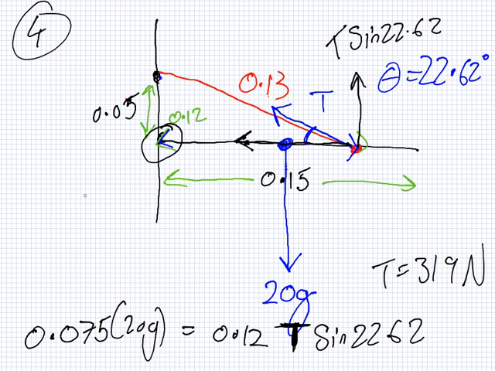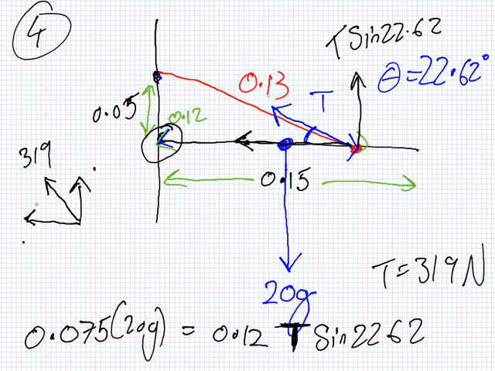So if I just draw the picture again here, I know this one is 319. So this is T cos and this is T sine.